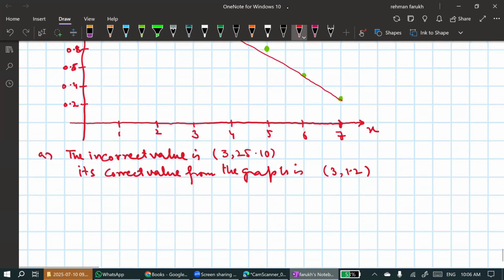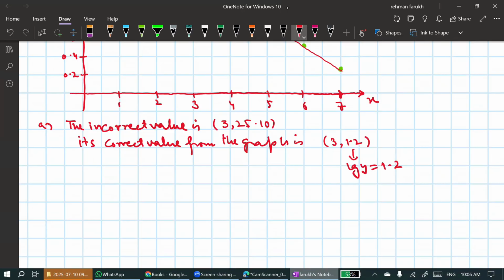What's the correct value of y? The correct value of y.